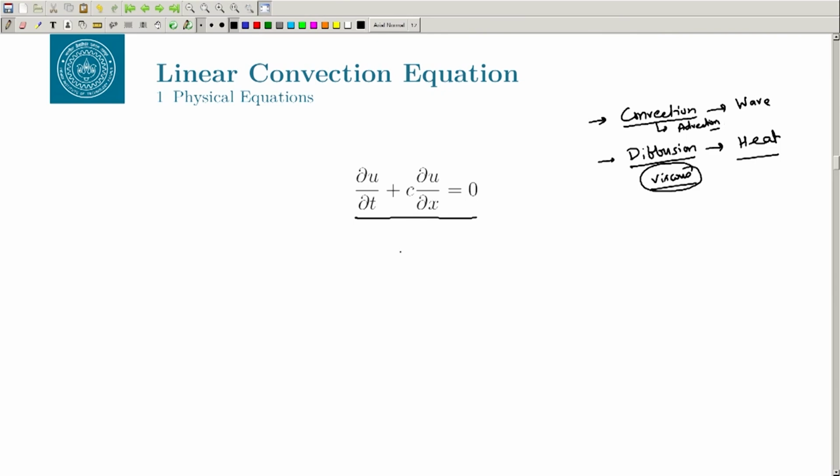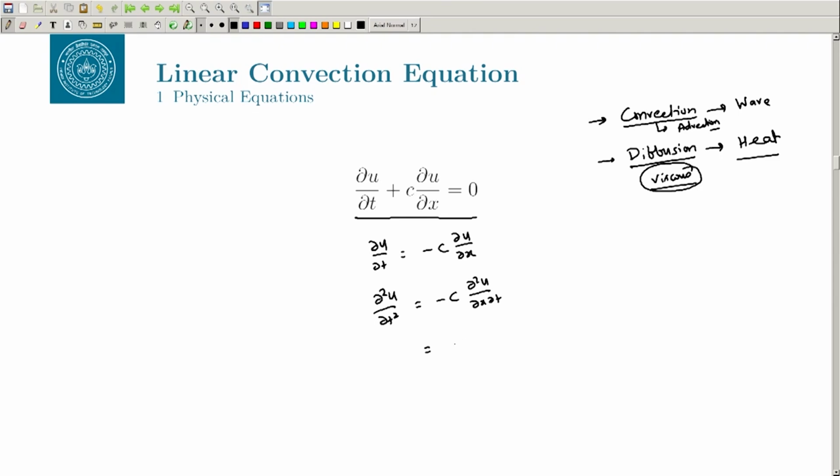If you take a derivative with respect to time, you can write del u by del t equal to minus c del u by del x. Take a derivative with respect to time again, and that becomes minus c del squared u by del x del t.